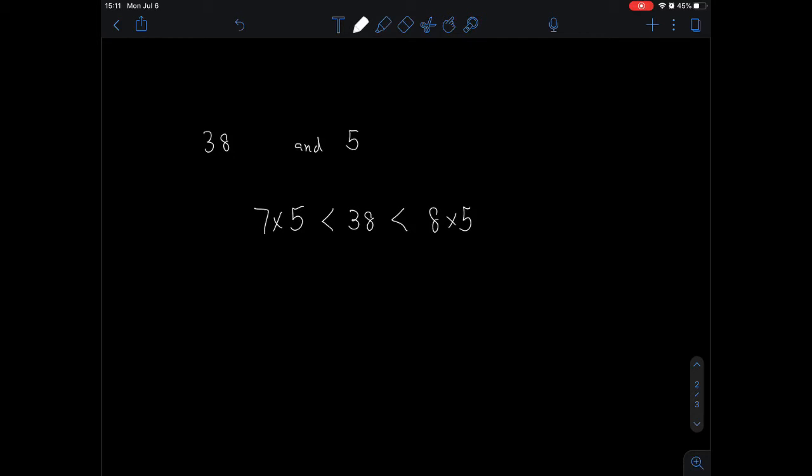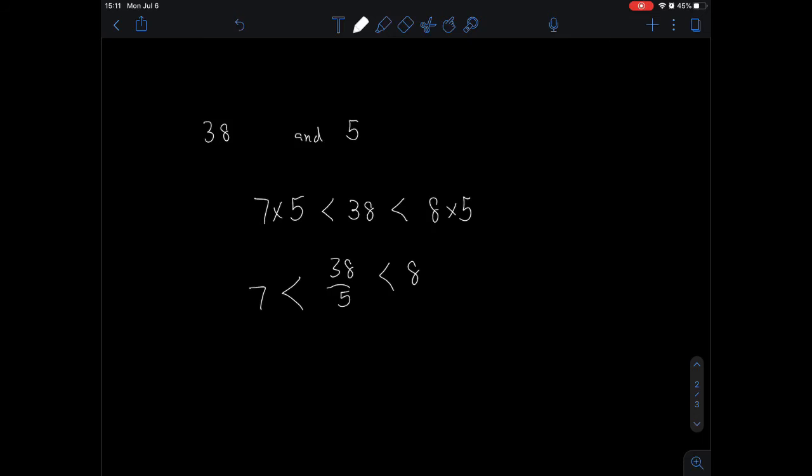So we have trapped, which we can also write as 7 is smaller than 38 over 5 and 38 over 5 is smaller than 8. So we have trapped 38 over 5 between two consecutive integers 7 and 8. The integer 7 on the left is known as the quotient on dividing 38 by 5.